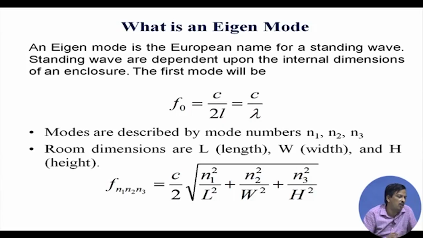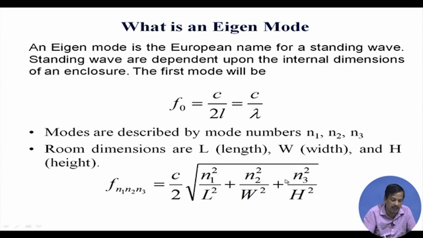Okay. So, for any room dimension, if L is length, W is width and H is height, then the modes are C by 2 into root over of N1 square by L square, plus N2 square by W square, plus N3 square by H square.